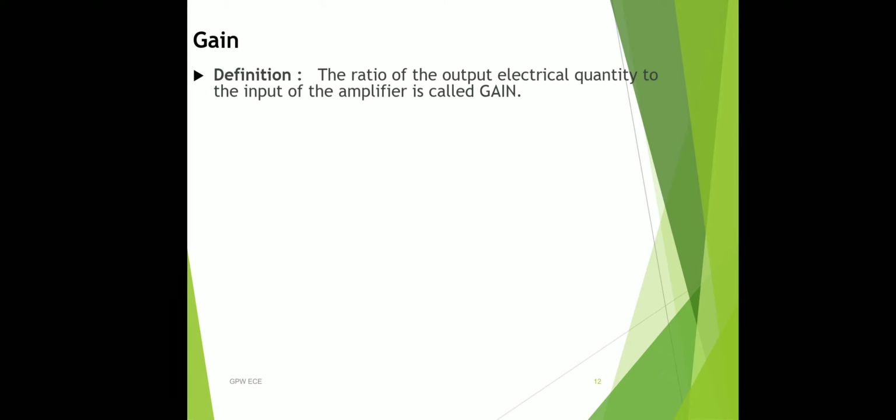And what is gain? In amplifiers, to increase the gain, we go for multi-stage amplifiers. Gain is the ratio of output signal to the input signal, or we can say it is the ratio of the output electrical quantity of the amplifier to the input of the amplifier.